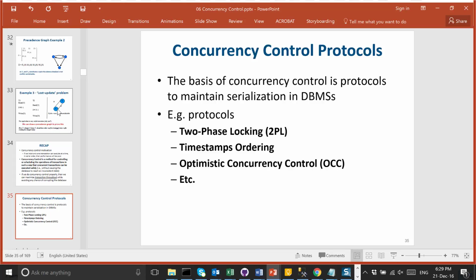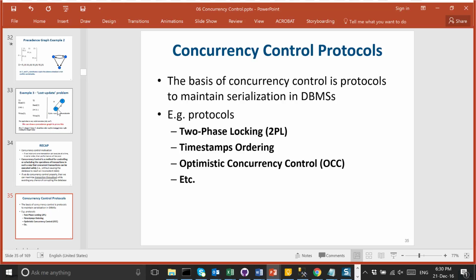So in terms of mechanisms to achieve serializability, we need to use a concurrency control protocol. There are so many concurrency protocols out there, and it's an area of research and development. One of the areas where people always invent new protocols. But the most commonly used ones are a two-phase locking protocol and a timestamp ordering protocol. These two are pessimistic techniques.